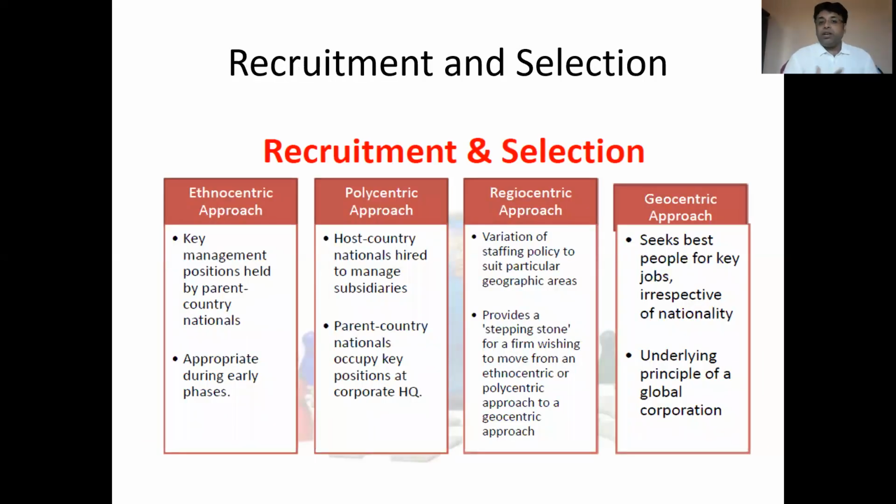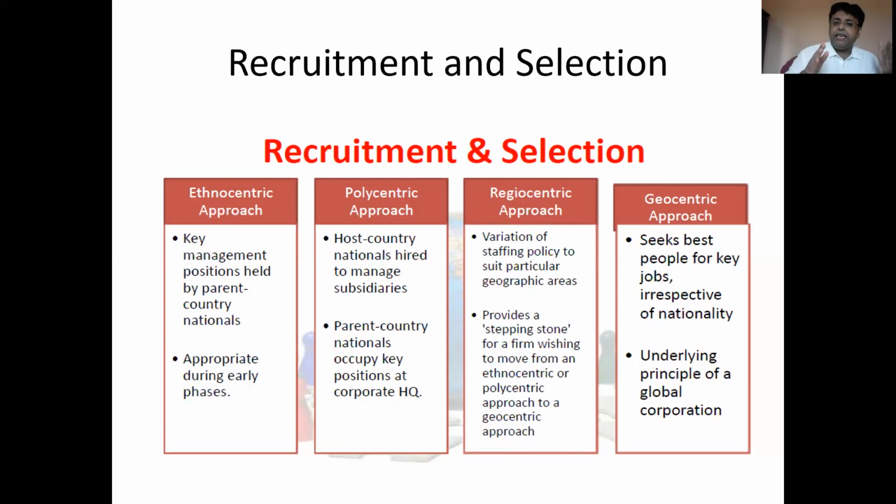Now we'll come to the recruitment and selection process in the international human resource management setting. There are four approaches, as you can see in the slide: ethnocentric approach, polycentric approach, regiocentric approach, and geocentric approach. Clear? Number one is the ethnocentric approach.